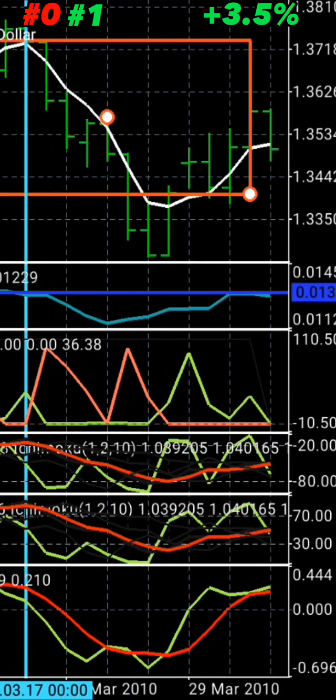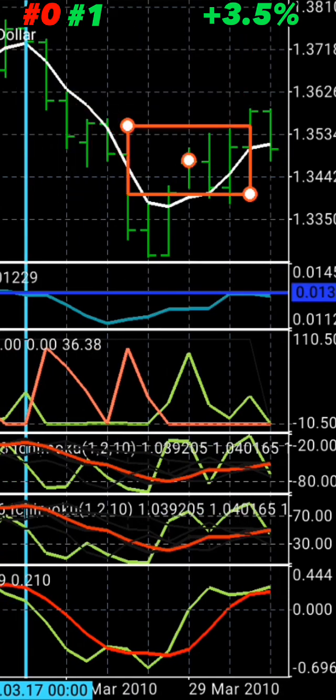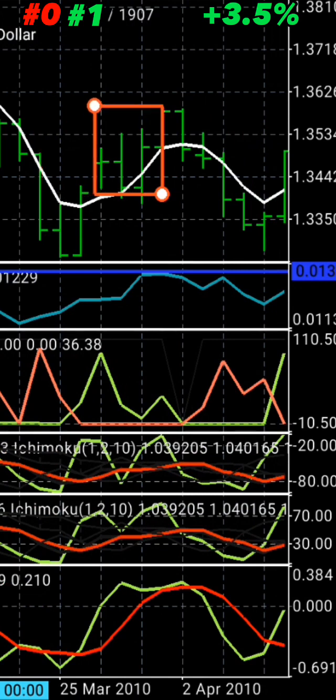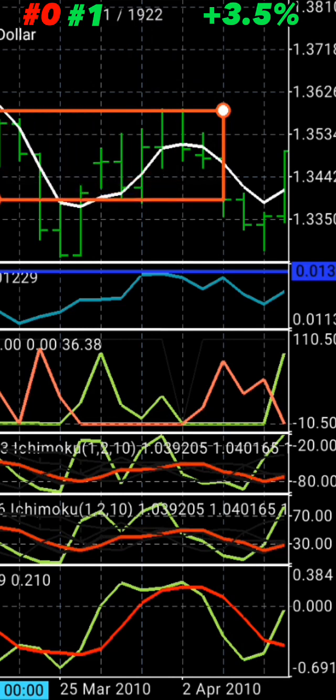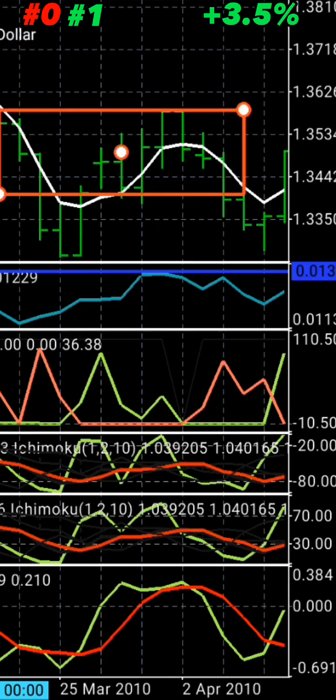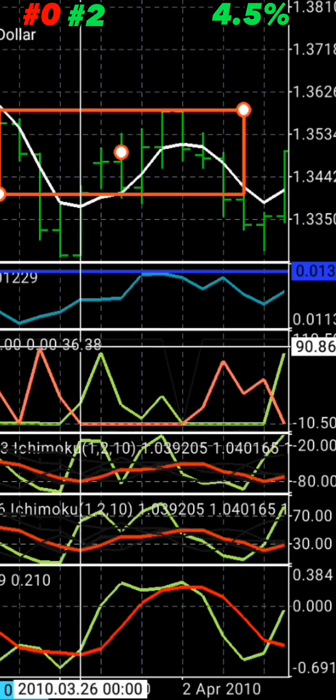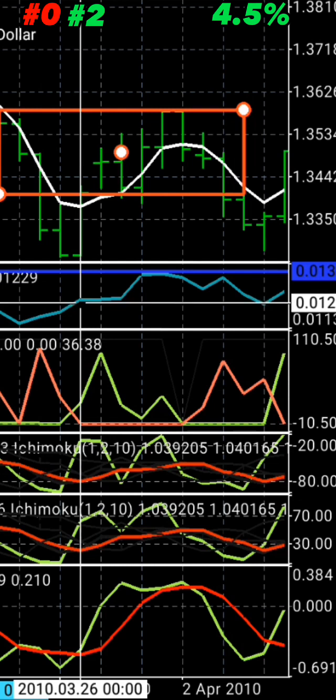So yes, we expect an upward movement, and clearly we will lock in here the first 1% of our account, and this 1% of our account will increase our account balance by 4.5%. So that's actually the second trade.